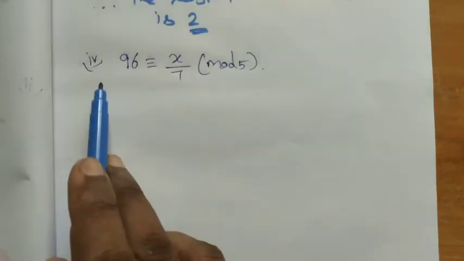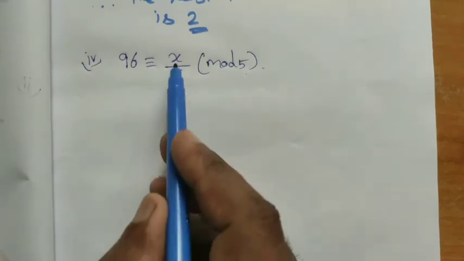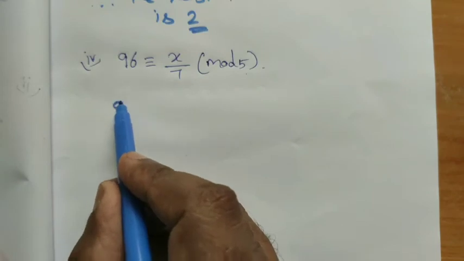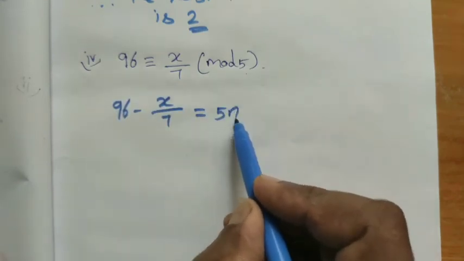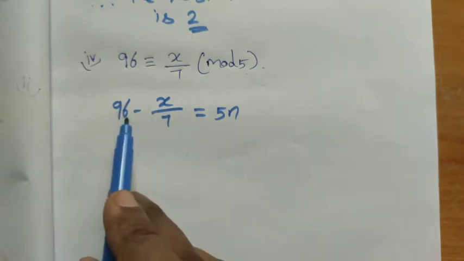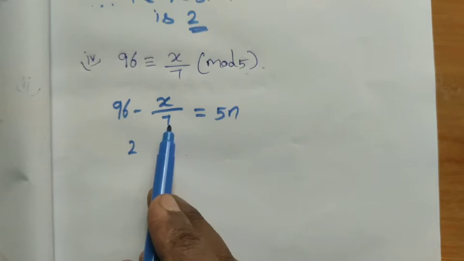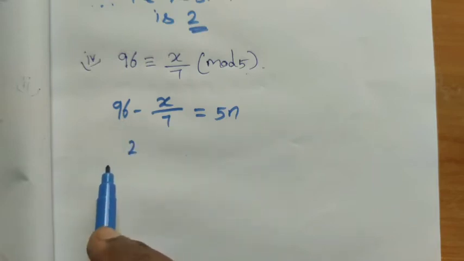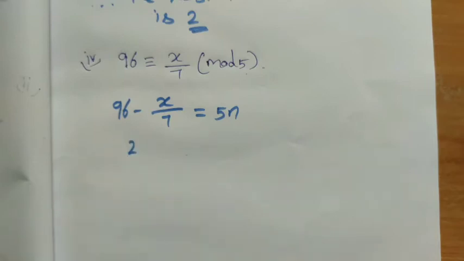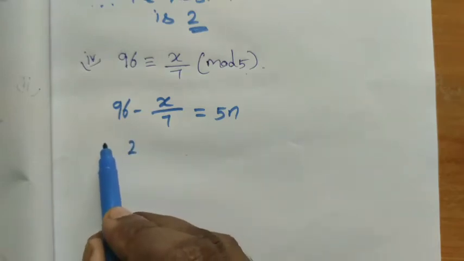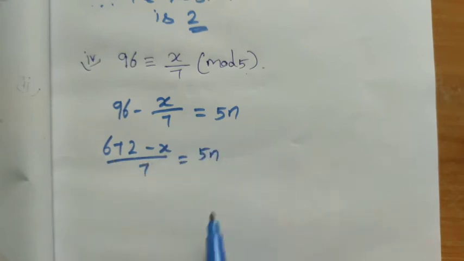Okay, Roman number 4, 96 congruent to x by 7 mod 5. I take this term to another side, that is 96 minus x by 7 is equal to 5n. Taking LCM here, 6 7s are 42, remainder 4, 7 9s are 63, plus 4 is equal to 67 minus x whole divided by 7 is equal to 5n.